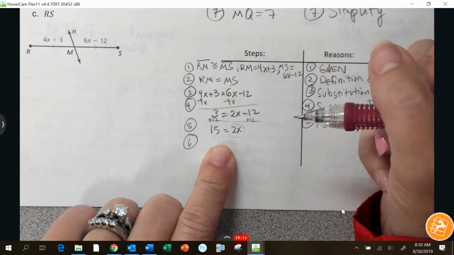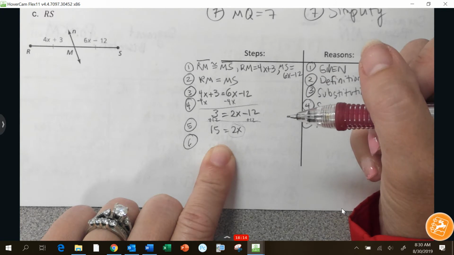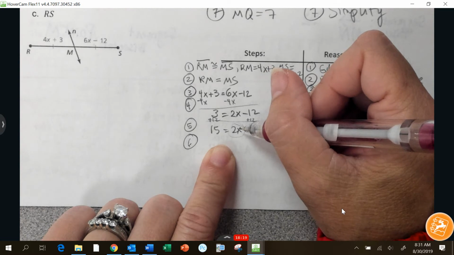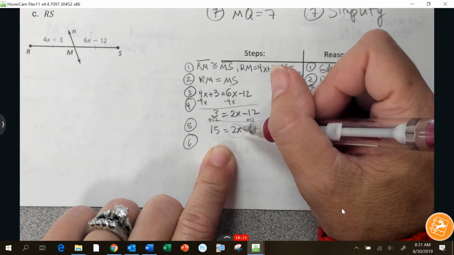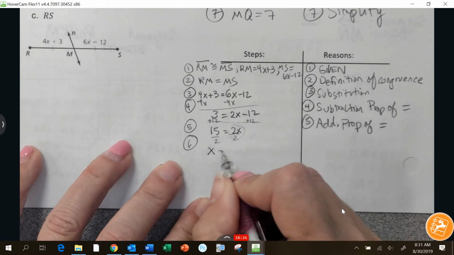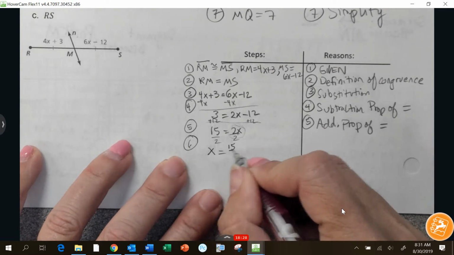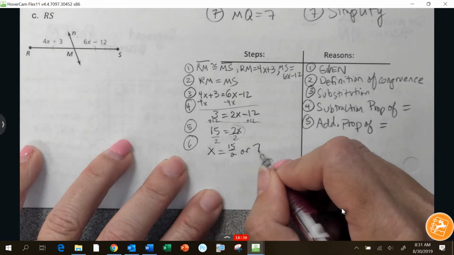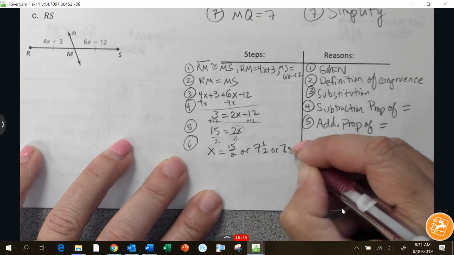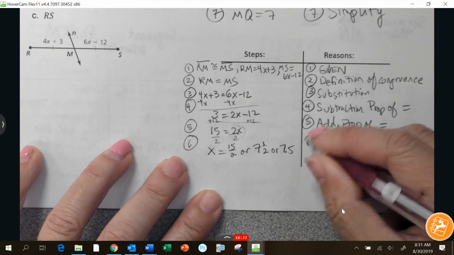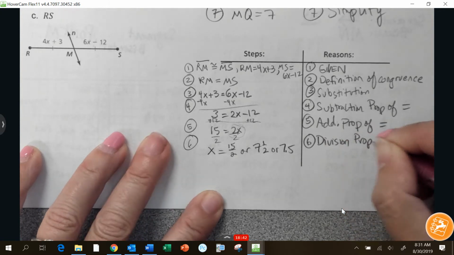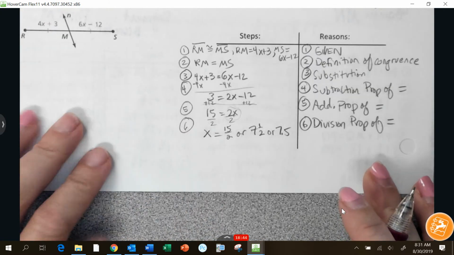What's happening right here? Alex, what's happening right here next to the 2 and the x? That's multiplication. So Donovan, what's the opposite of multiplication? Division. So we're going to divide both sides by 2. And I'm going to get x equals, you could have 15 halves, or you could have 7 and 1/2, or you could have 7.5. That is the division property of equality. So we divided both sides.